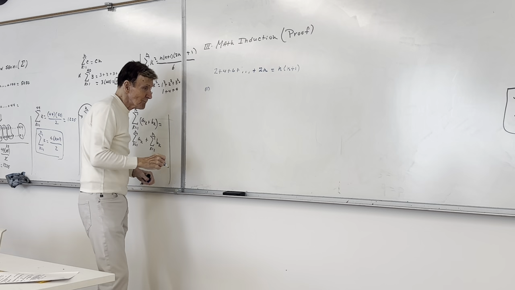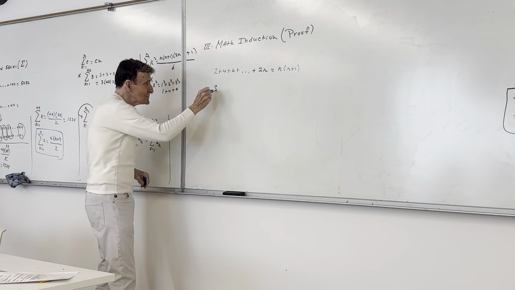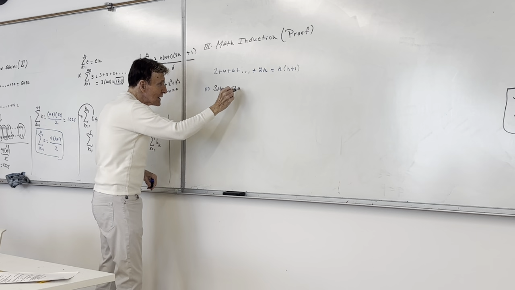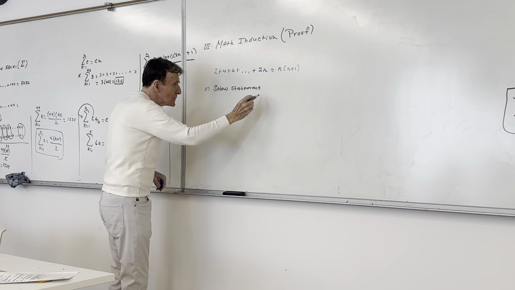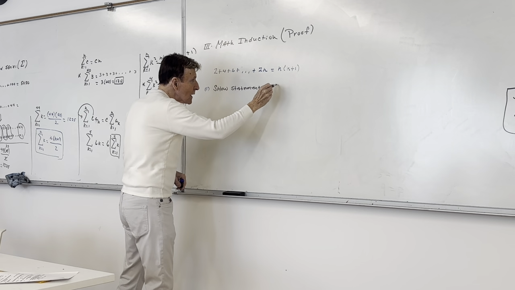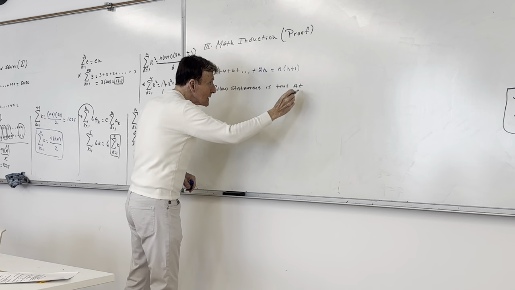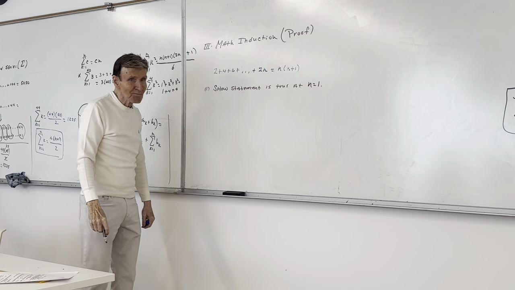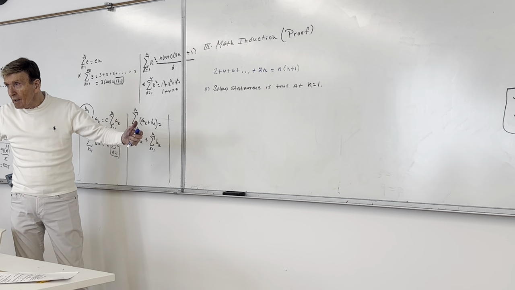You're proving now, and they call it an induction proof. First, you have to show that the statement is true at the beginning. In other words, when n is equal to 1. Just show at the very beginning the statement's true.